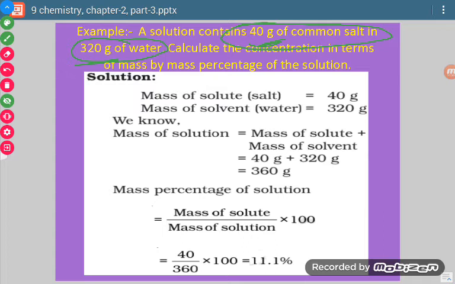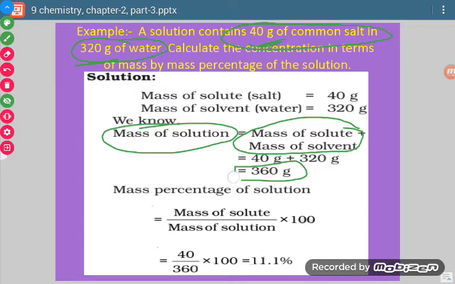Since masses of both are given, we will apply the formula for mass by mass percentage. We need to know the mass of solution. Mass of solution will be mass of solute plus mass of solvent, so we get mass of solution as 360 gram, and mass of solute is 40 gram.